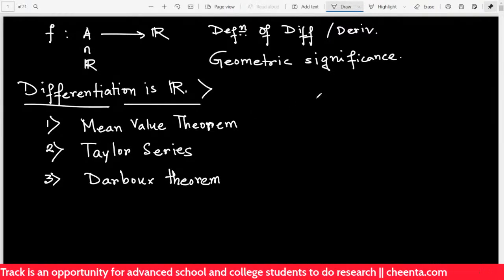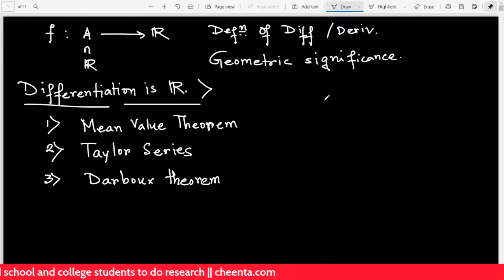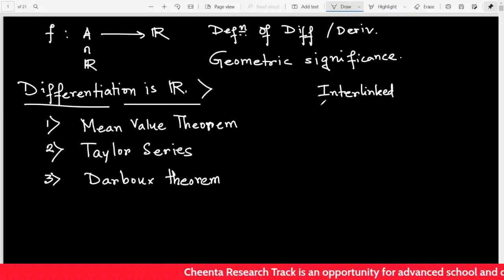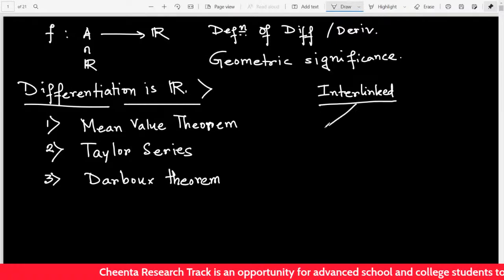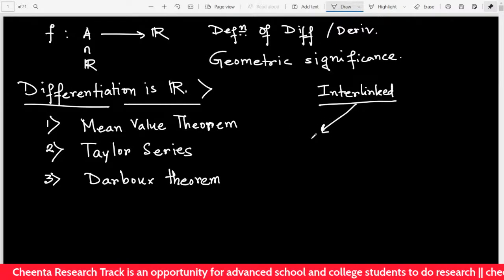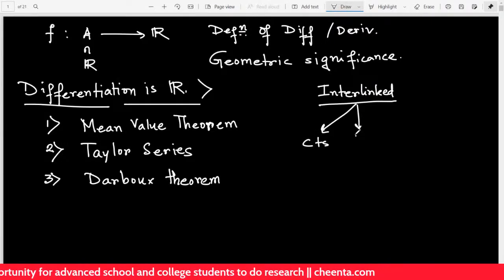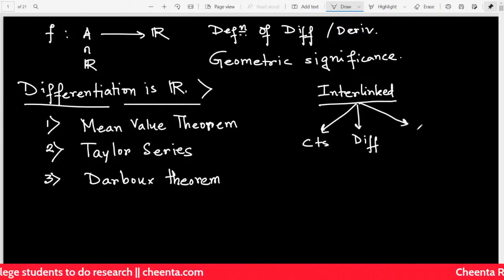Now, there are questions that are interlinked. Okay, so what do I mean by interlinked questions? Interlinked means that these questions will consist of all these three things: continuous functions, differentiable functions, and integrable functions.